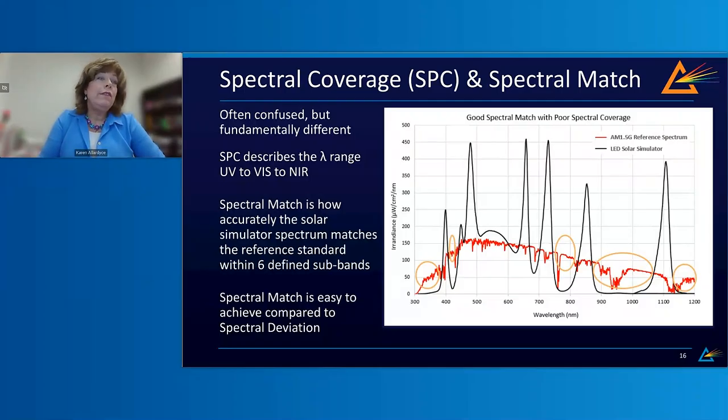The black curve is a solar simulator that meets Class A, but it has poor spectral coverage in the ultraviolet, visible and near IR in some of the valleys there, indicated by the orange circles and ellipses. So just like a piano that can't play half the notes or one that plays the wrong melody, a solar simulator with poor SPC will give you the wrong data, even if it claims to be Class A. And that's not easy on the ears or on your data.